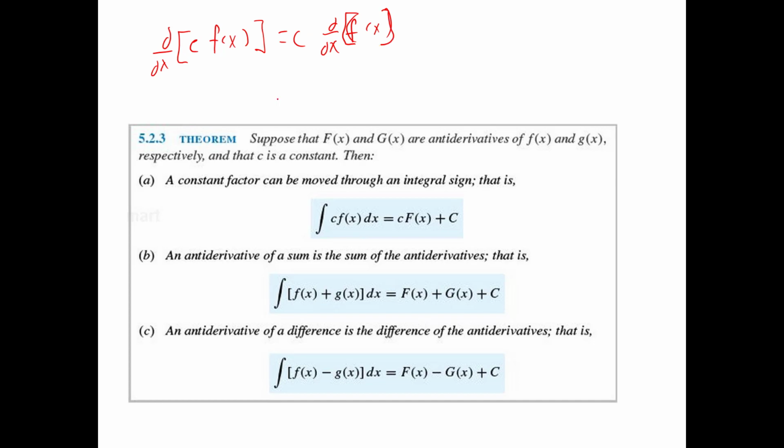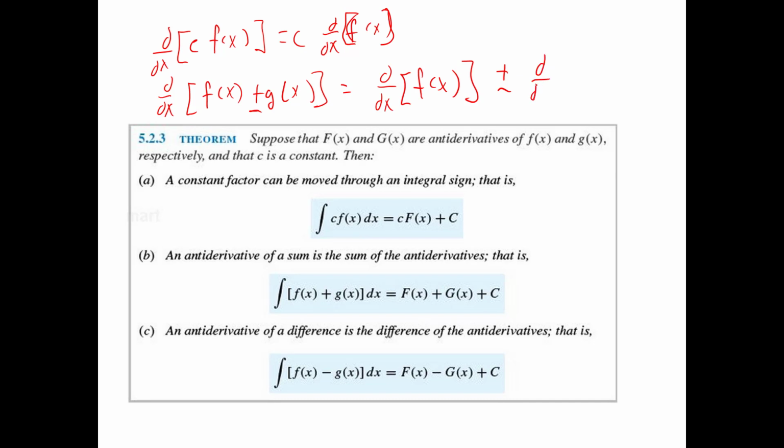We also went over that if you're taking the derivative of a sum or difference of two functions, then you can just take the derivative of the first function and add or subtract the derivative of the second function.